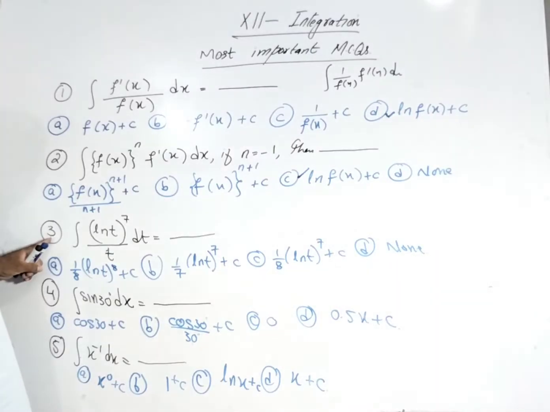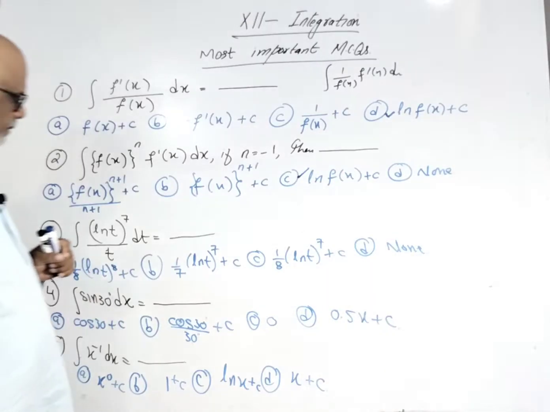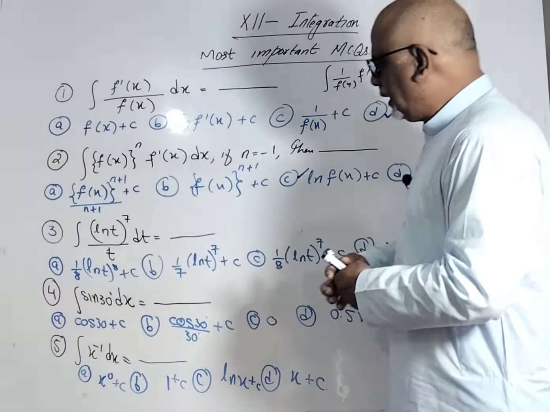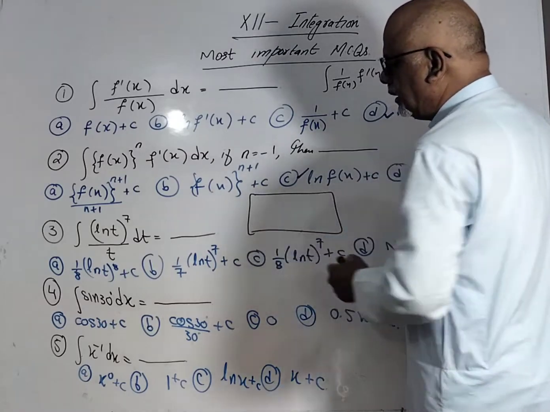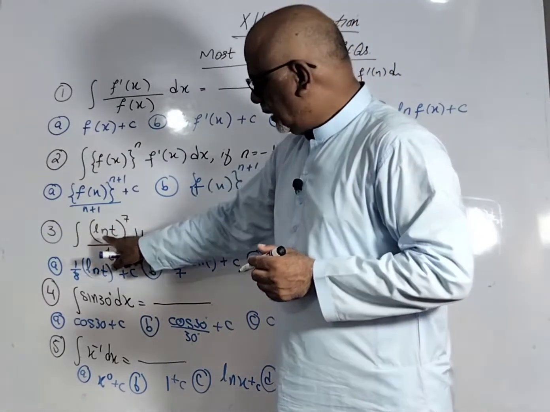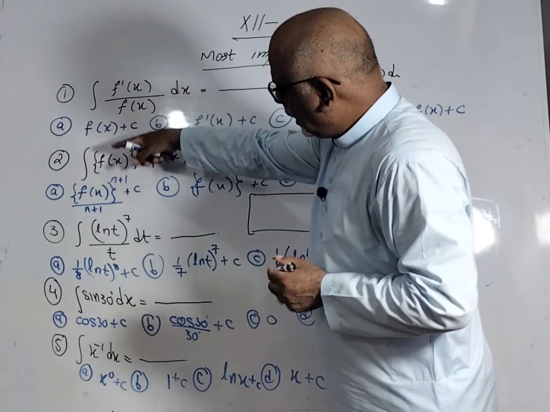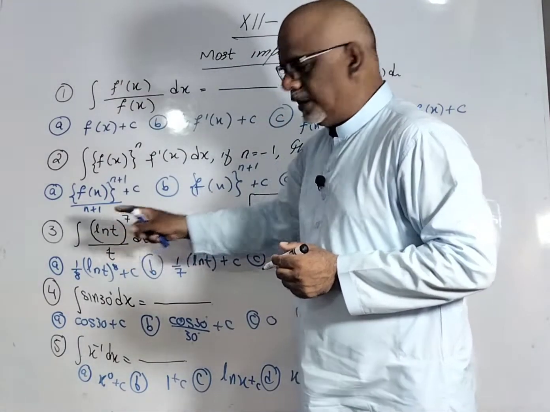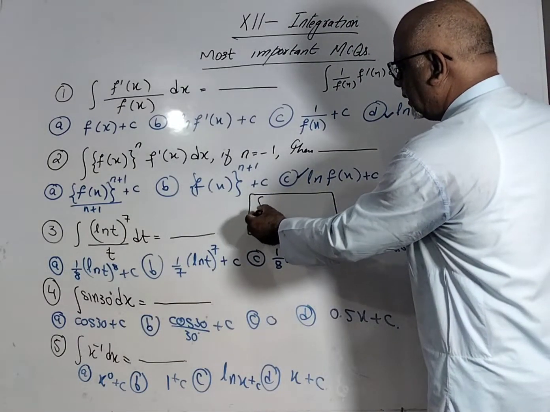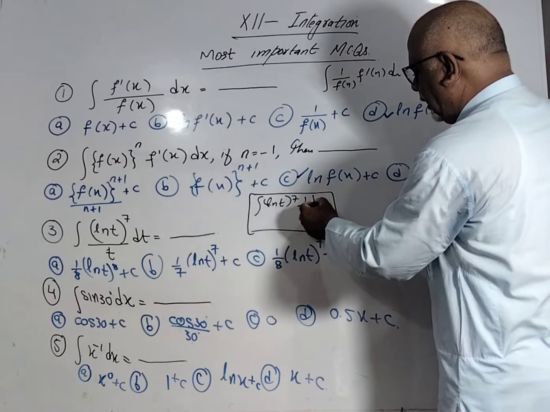Now again here, ln t to the power 7 divided by t. Focus here students, this is ln t. The derivative of ln t is 1 over t. MCQ number 1, MCQ number 2 and MCQ number 3, the main concept is the same here. So here this is ln t to the power 7 and this is 1 over t and dt.